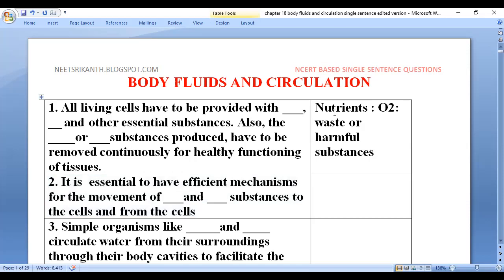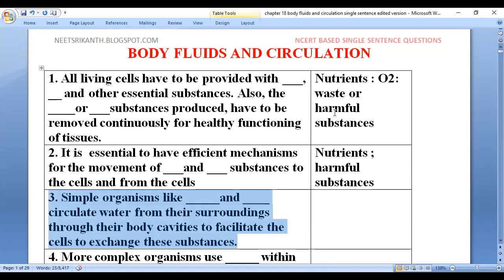It is essential to have an efficient mechanism for the movement of nutrients and harmful substances.